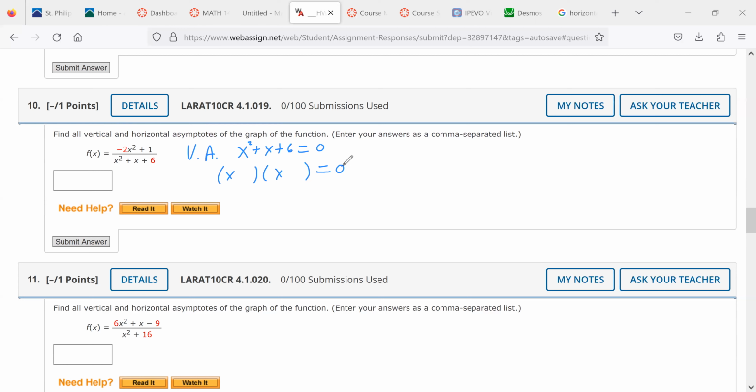Well, 3 and 2 does not have to add up to 1. It looks like it should, but I'm starting to think it doesn't. Yeah, it does not factor. We would have to do the quadratic formula to check.